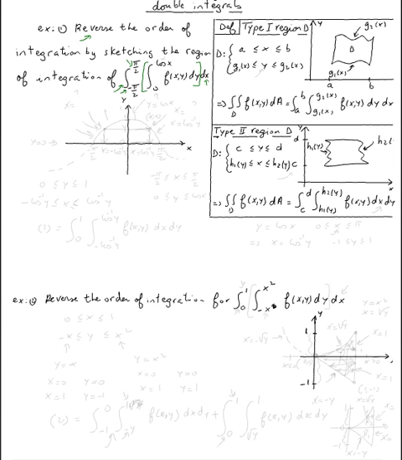So we know that x is going between negative pi over 2 to pi over 2, and then the y is going from 0 to cosine of x. So how do we sketch this region? Here's negative pi over 2. Here's pi over 2. We're going from 0.